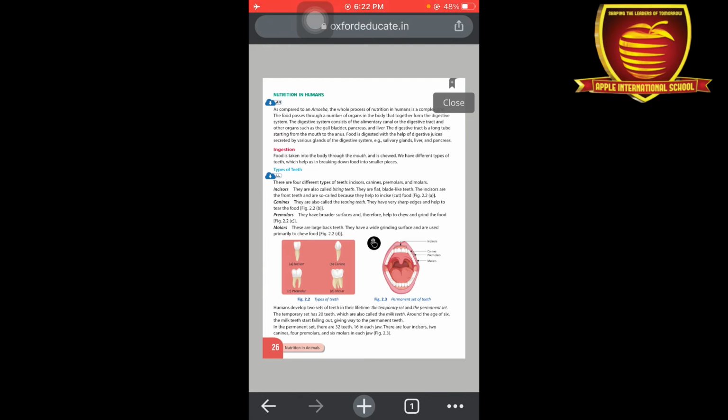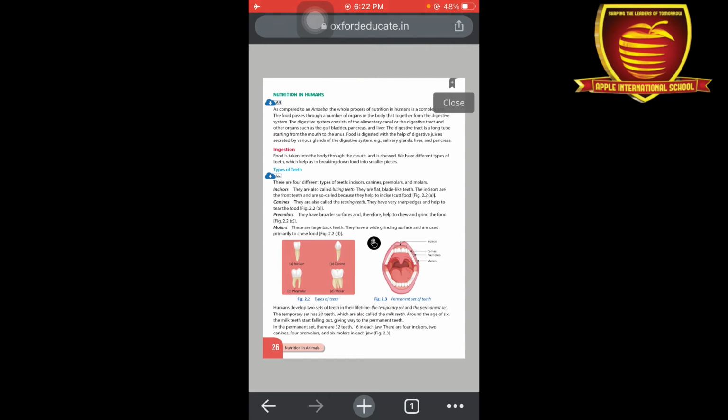But around the age of 6, the milk teeth start falling, and after that another set of teeth grows. Those teeth are known as permanent teeth, which do not fall again and again.